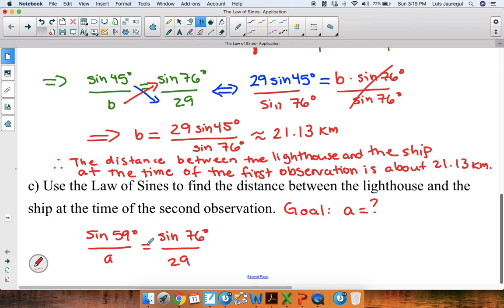And again, we proceed normally. We're going to cross multiply, so this implies that we have 29 times sine of 59 degrees is equal to a times sine of 76 degrees.